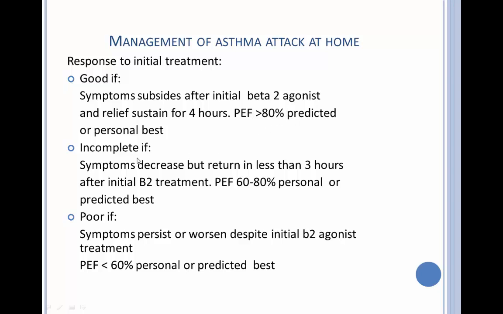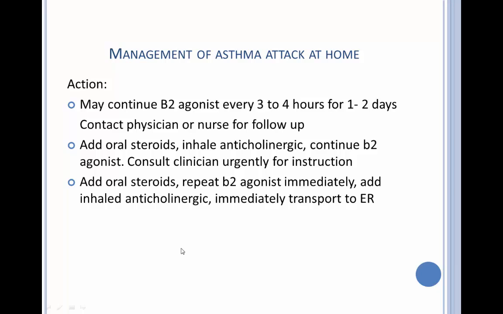If it's incomplete, the symptoms return, the wheezing and the shortness of breath, or cough, in less than 3 hours, and the peak flow is 60 to 80%, or poor if the peak flow is less than 60% and symptoms persist.